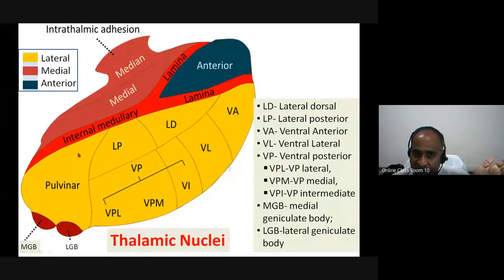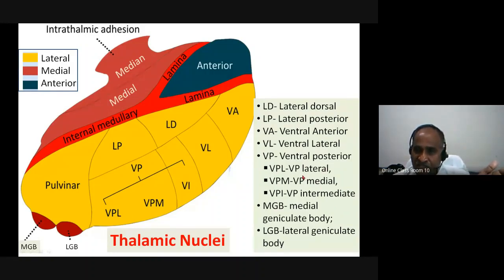After you deduct the pulvinar nucleus and cut here, you have the lateral posterior and lateral dorsal. And when you make a line like this, you have ventral anterior, ventral lateral, and ventral posterior. Ventral posterior is divided into ventral intermediate, ventral posterior medial, and ventral posterior lateral.